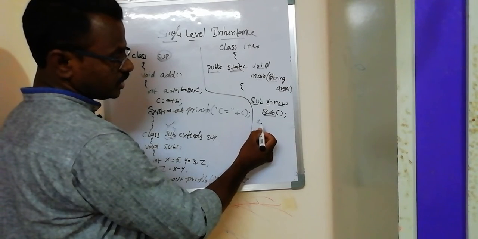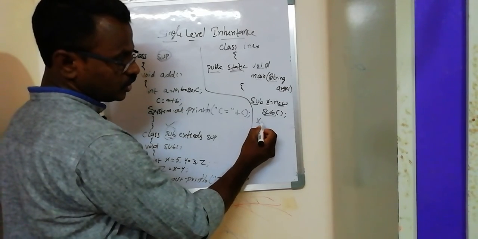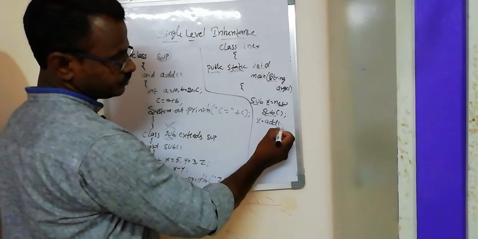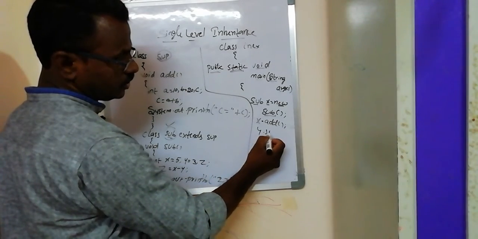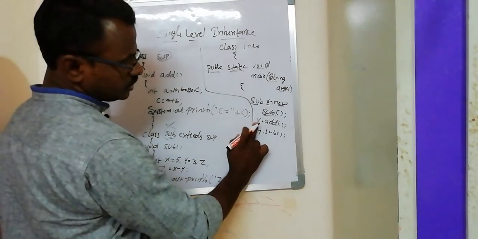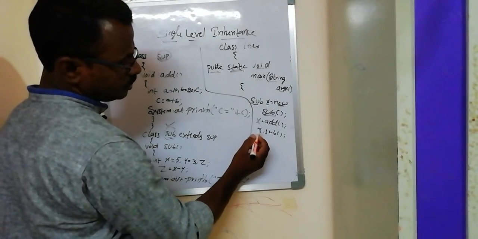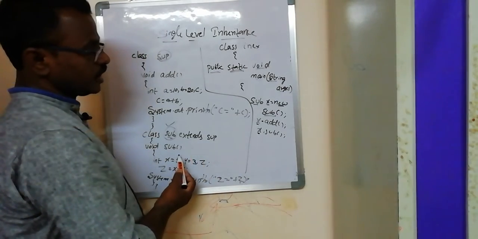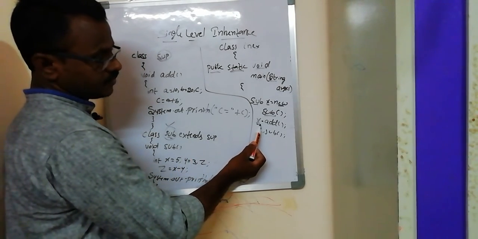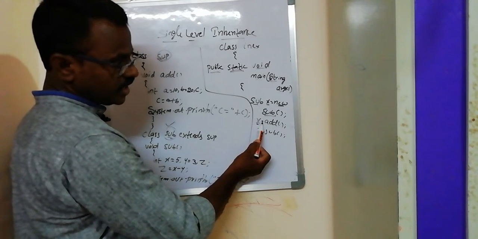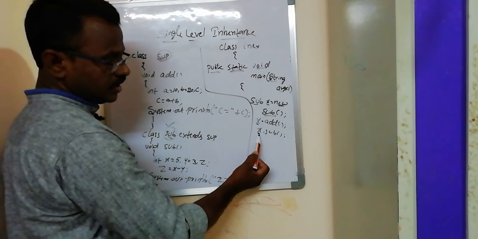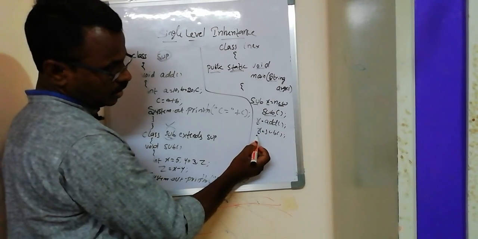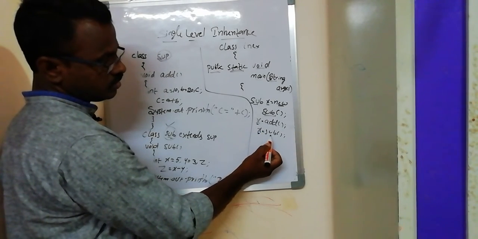We call the add method and the sub method using the x object: x dot add, x dot sub. X is an object of the subclass, dot is the operator, add is a method. The sub method is called with the same object name, x dot sub.